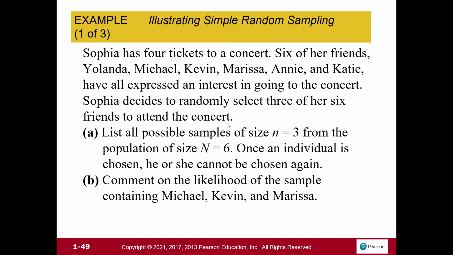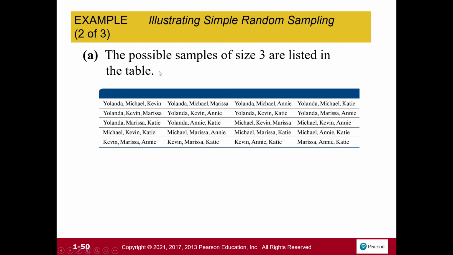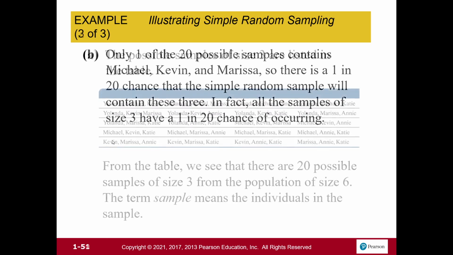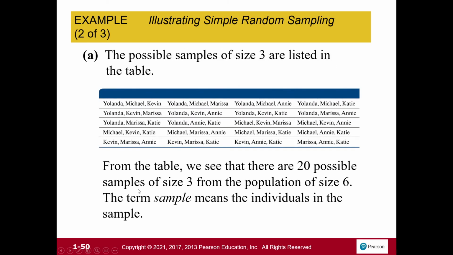So the possible samples of size 3 are listed in the table. We can see now that there are 20 possible samples of size 3 from the population of size 6.